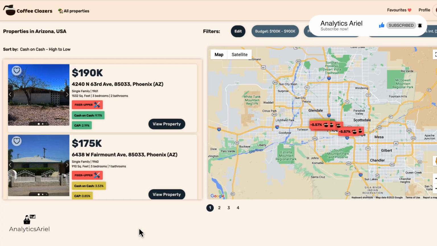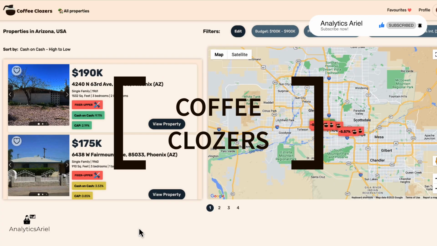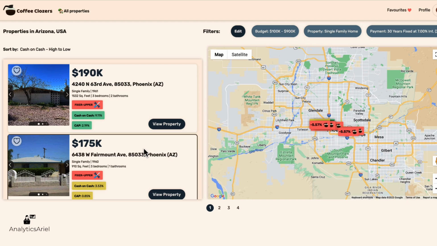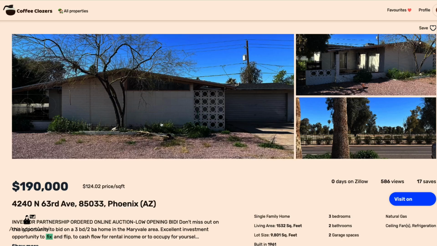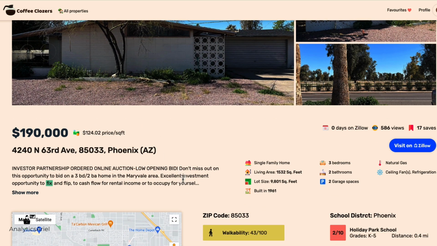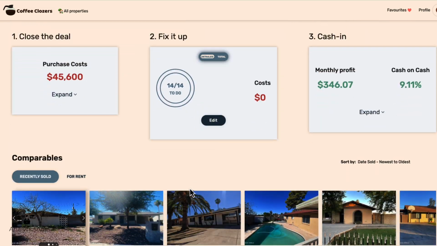This is where we could use Coffee Closers. Coffee Closers is a tool made for buy and hold real estate investors seeking cash flow. It takes all properties that are currently for sale for a given market, and then you could rank these properties based on cash flow. Say if you wanted to view a particular property, you could see property details such as price per square foot, as well as information on cash return.